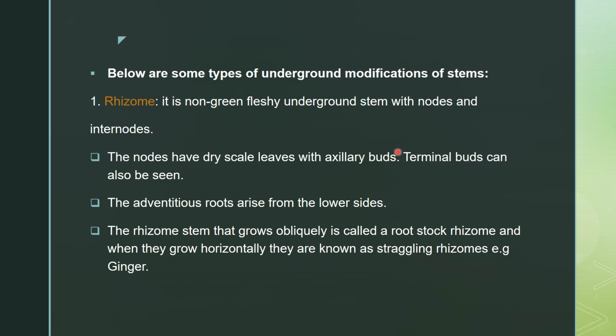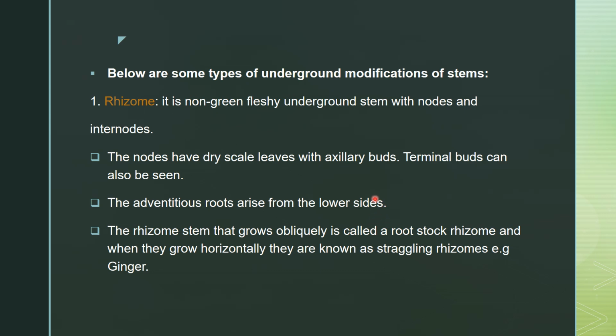Terminal buds can also be seen. Adventitious roots arise from the lower side of the rhizome.